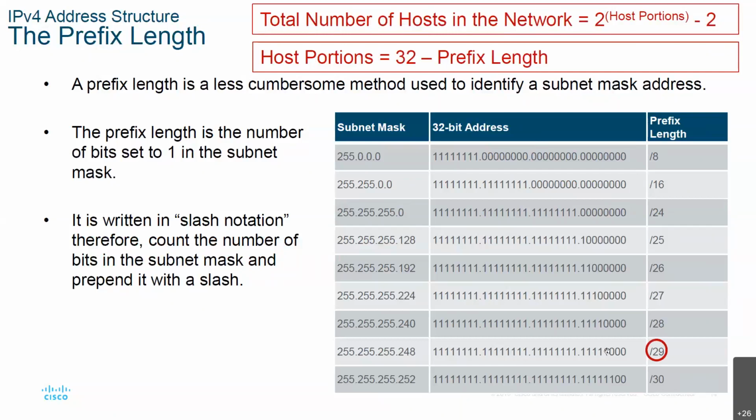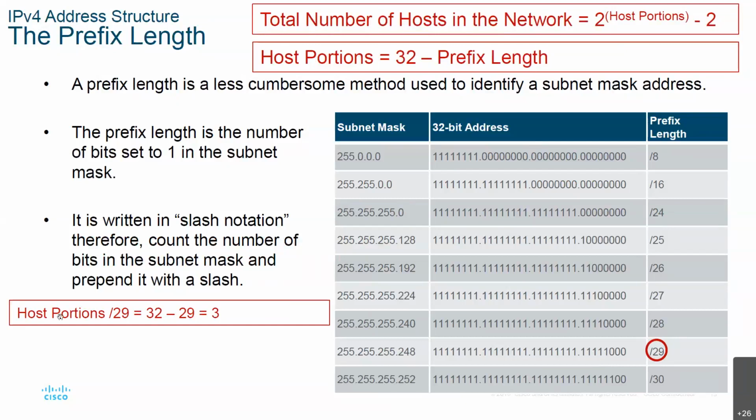So let's, for example, look at /29. If you take the example /29, /29 means the network portion is 29 bits. So the host portion is 32 minus 29, which is equal to 3.